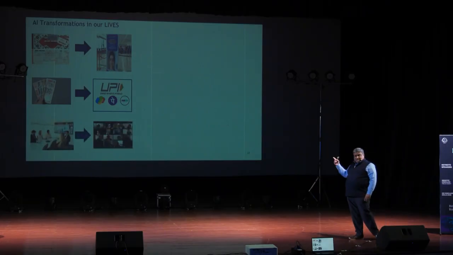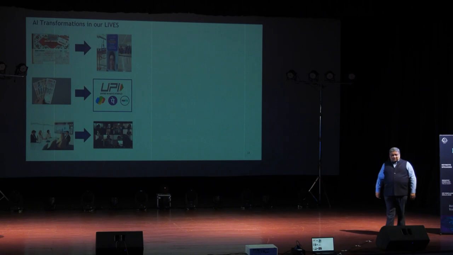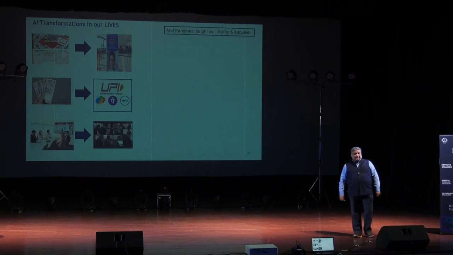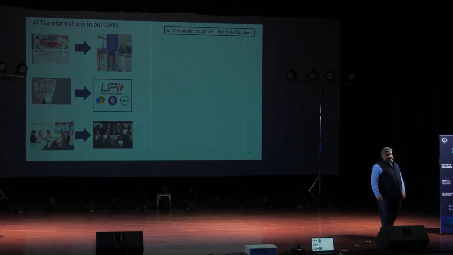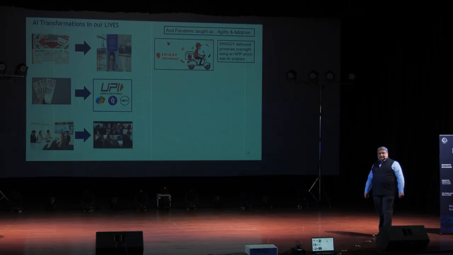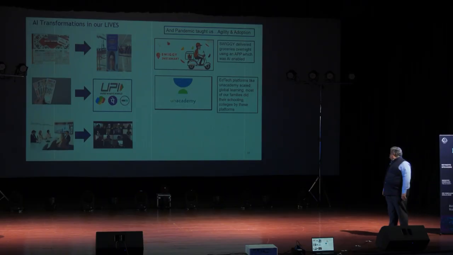And we all have seen these meeting rooms, swanky, sitting around the table with a presentation board, to Zoom, right? And the pandemic taught us agility and adoption. Swiggy delivered groceries overnight using an app. Unacademy, many of us were customers of it, right?